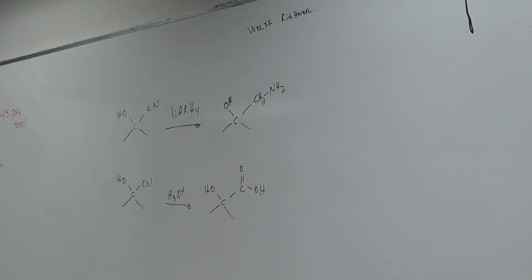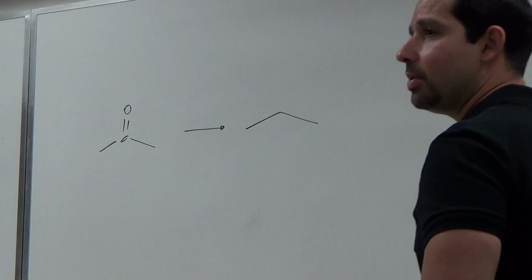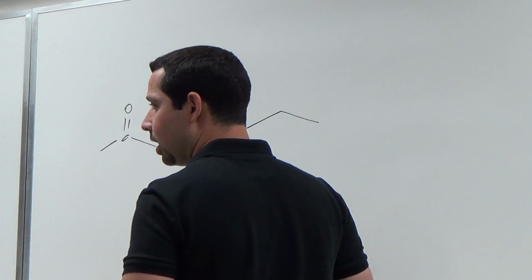And I don't want who? Zinc, mercury. H2 and Pd? No, H2 and Pd will reduce it to the opposite. We did this reaction for this test you took. Zinc, like the zinc amalgam, yes? Yeah. Zinc and what else? HCl.